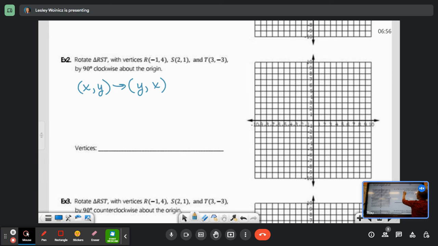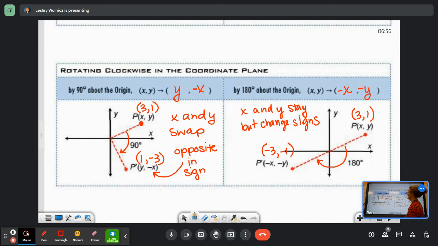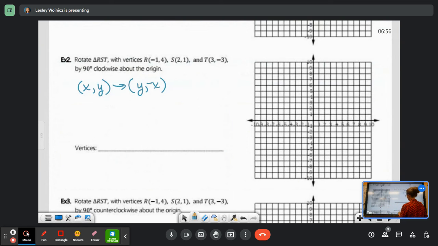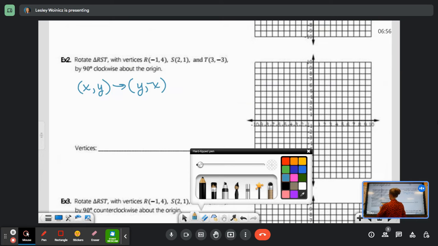I think it's this one. Let's check to see if I'm right. This will be fun. Boom. All right. Yep. That was a really big win for the team, guys, because my short-term memory sucks.